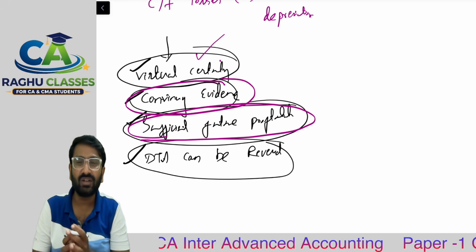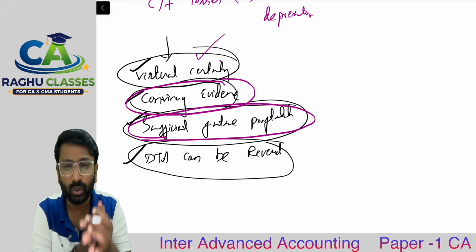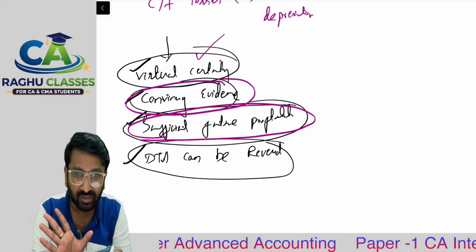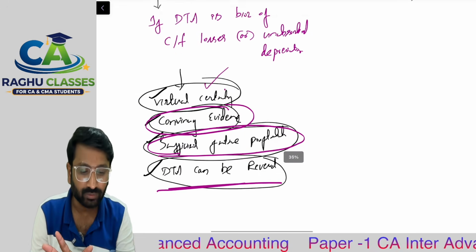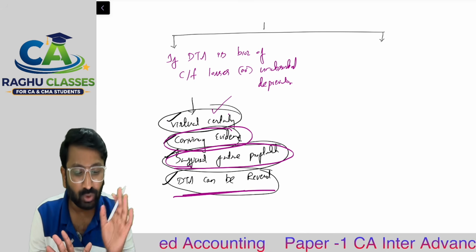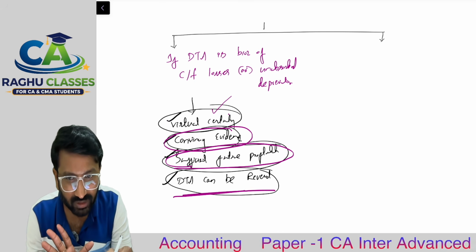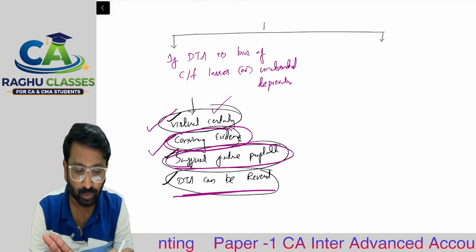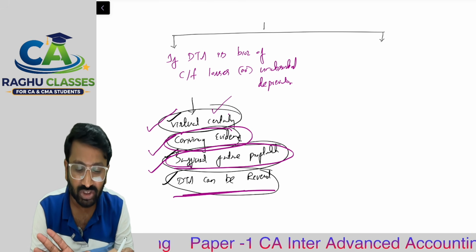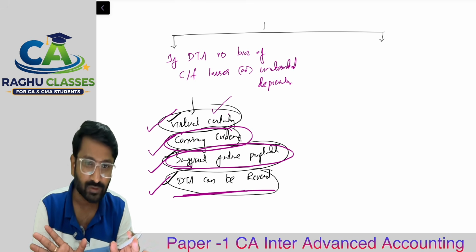So only if I have that certainty that the profit is going to come in the future, I can create DTA so that it can be reversed in the future. Okay. Now, in simple words, you can create DTA only if there is virtual certainty. There should be convincing evidence. There should be sufficient future profitability against which DTA can be reversed.